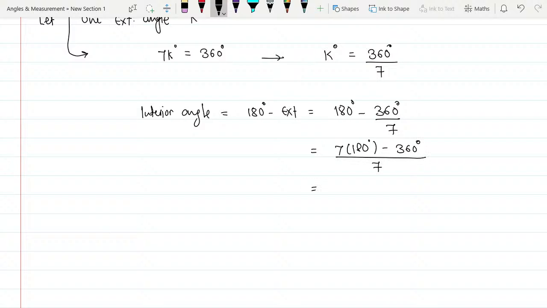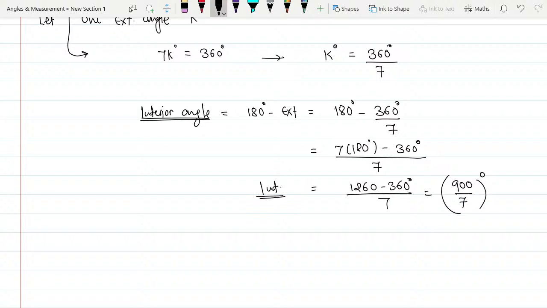So how will we solve this? 180 into 7 is how much? It is 1260. 1260 minus 360 upon 7. So 1260 minus 360 becomes 900 upon 7 degrees, and this is the interior angle.